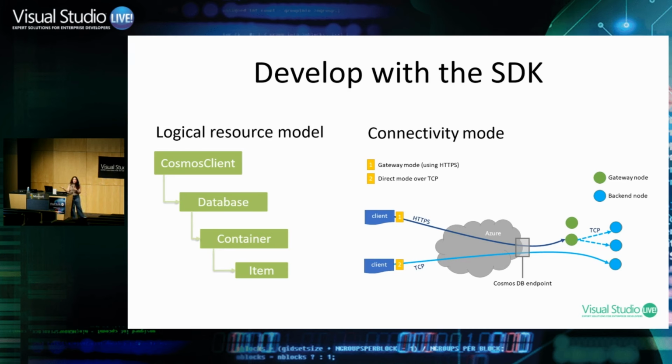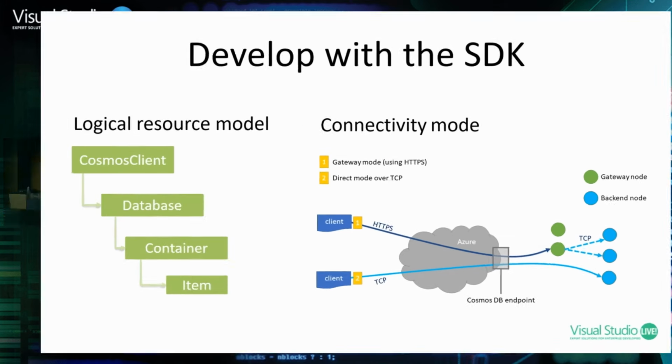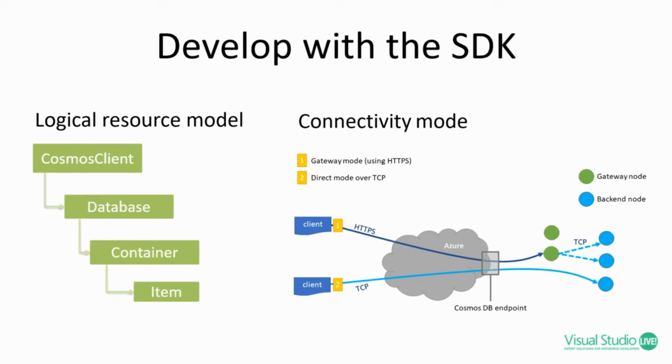So you have this network hop, and that is what direct mode is built to avoid. So direct mode is available in the .NET SDK and in Java. It's not available in our other languages. But with direct mode, the client actually uses TCP to directly connect to your backend partitions. And if you remember our latency SLA, it actually is for direct mode specifically.